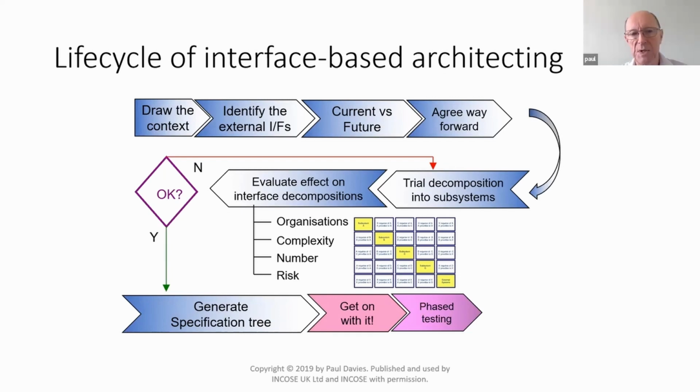And then think about, is that view of the implementability of the architecture okay? If it is, go on, generate the specification tree, both the system elements and the interfaces, and get on with it. And if it's not okay, you've got time to change your mind, change the architecture to make it simpler.